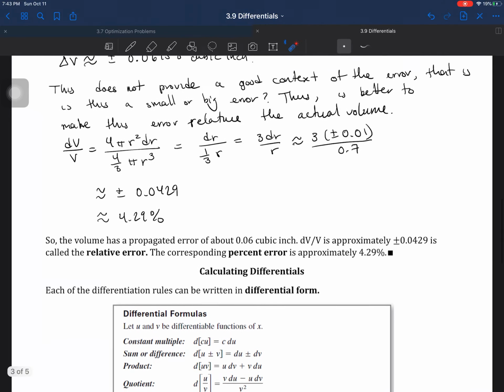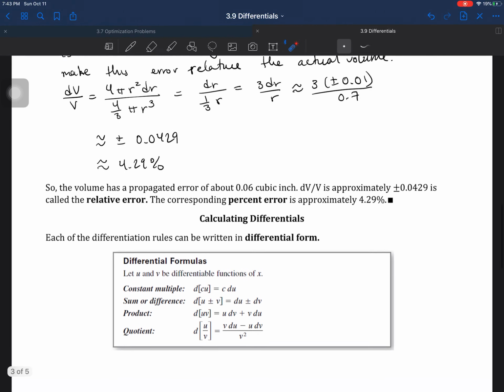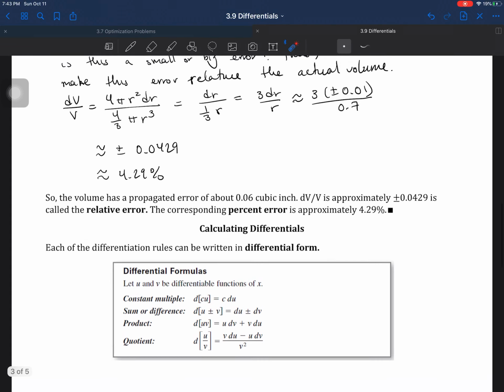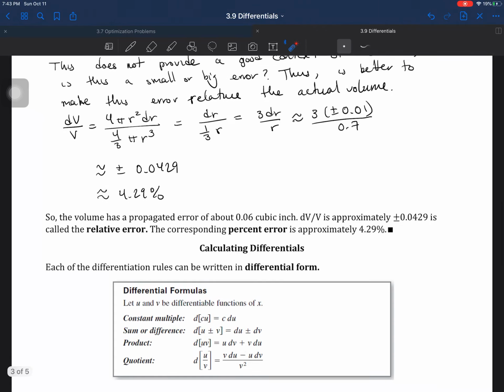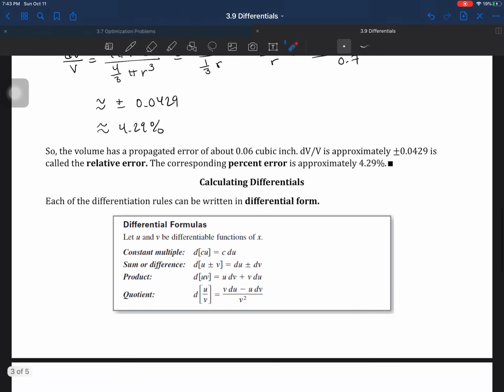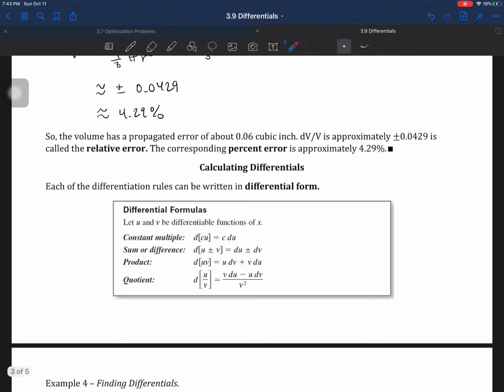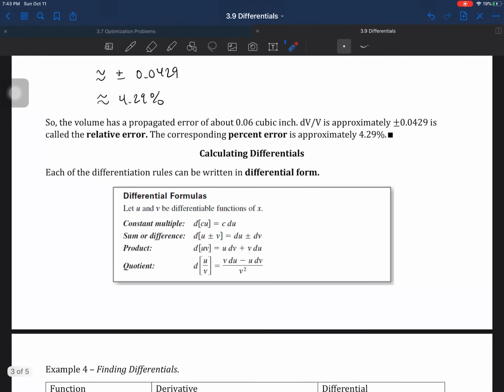So the volume has a propagated error of about 0.06 cubic inches, but it has a relative error of approximately plus or minus 0.0429, which is called the relative error. Or we can call this percentage error by writing it in percentage form, by moving the decimal. All right, so that's one way we can apply this.